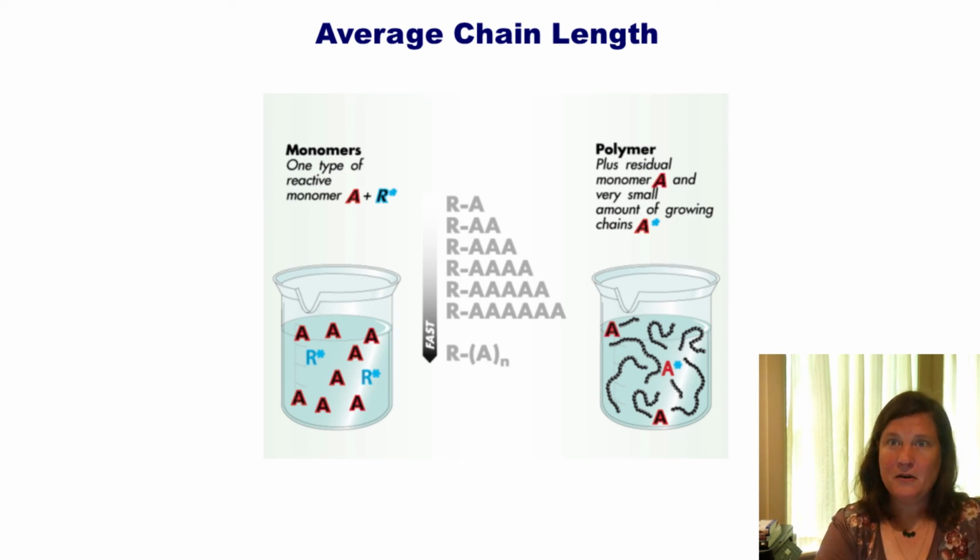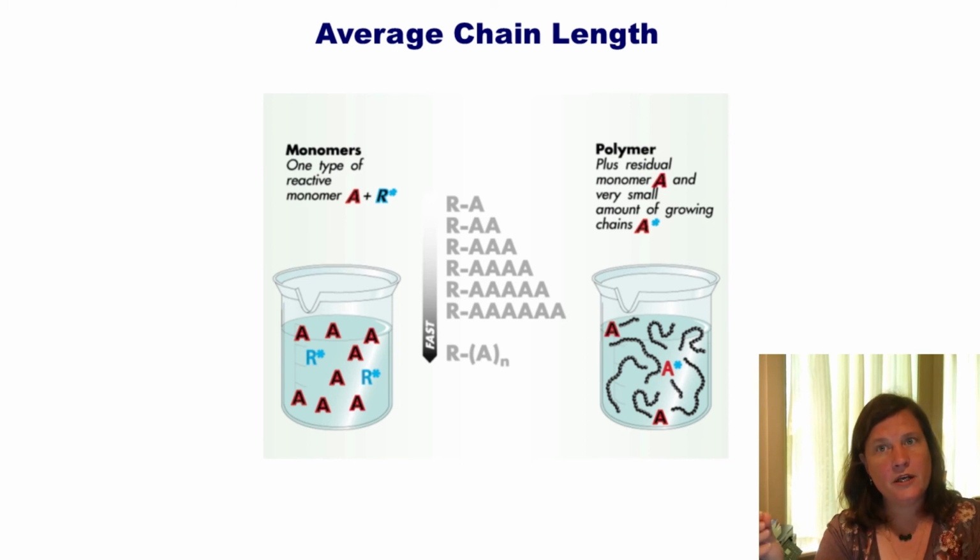But here we don't want to include unreacted monomer because we're going to remove that. So this is a different mechanism than step growth, where everything went into the average to get the average chain length, because everything can react with everything else. Any A can react with any B. Here we have growing chains, dead chains, and monomer, and we want to exclude the monomer.